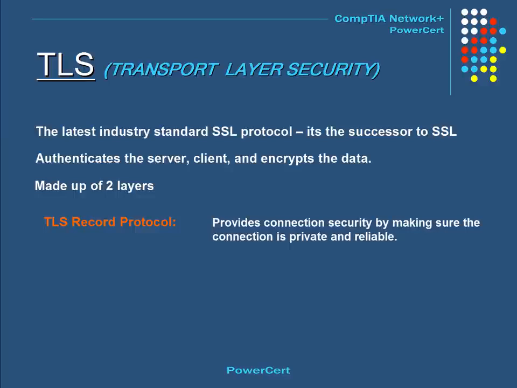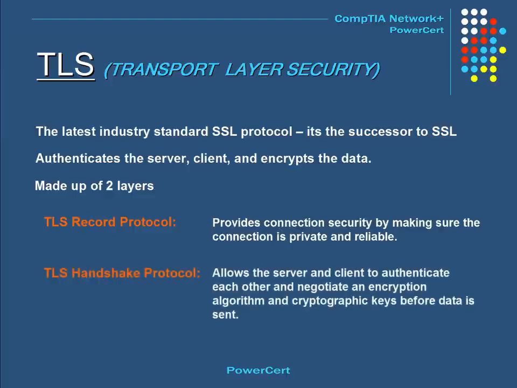And the second layer is the TLS handshake protocol, which allows the server and client to authenticate each other and negotiate an encryption algorithm and cryptographic keys before data is sent out. And the goal for TLS is to make SSL safer and more secure.